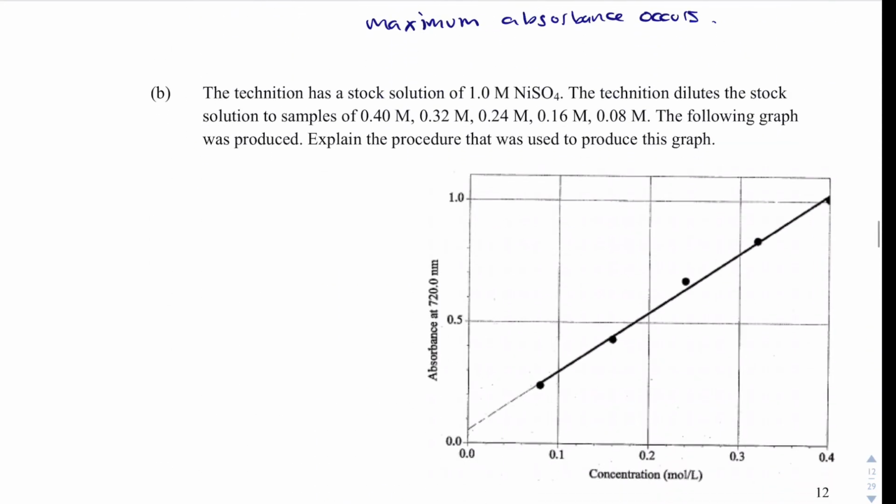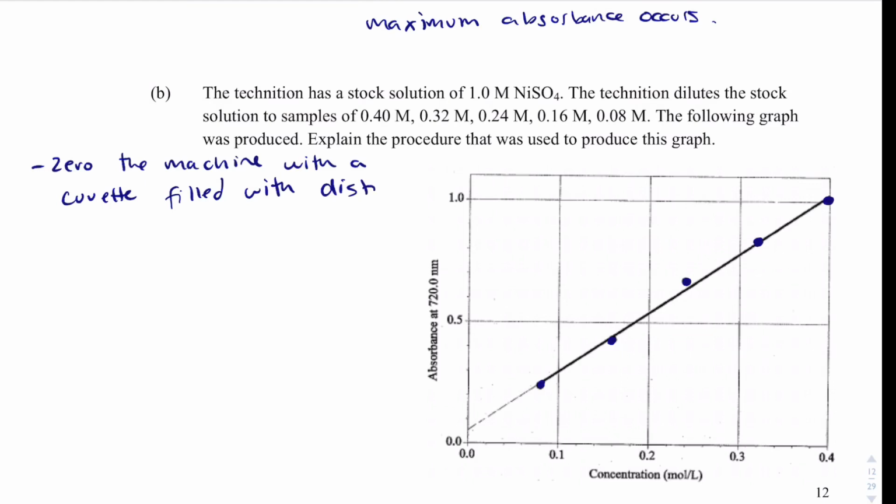Okay. The technician has a stock solution of 1 molar nickel sulfate. The technician dilutes the stock solution, and so we get 0.4 molar, 0.32 molar, 0.24 molar, 0.16, and 0.08. And we want to explain the procedure that was used to get this graph. So the first thing we would do is zero the machine with a cuvette filled with distilled water.